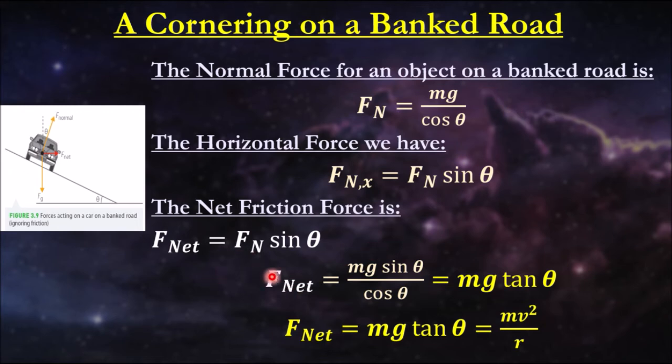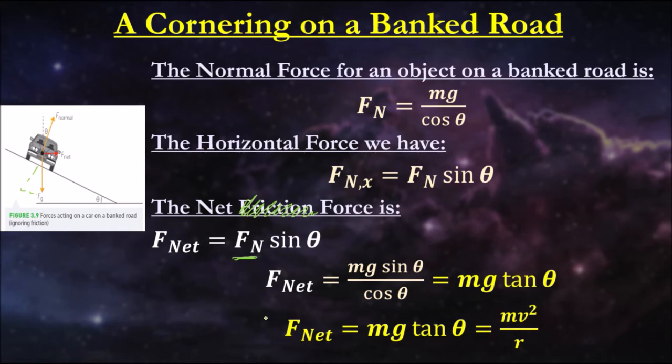Okay, so if we have our net force, we'll just rewrite that. In our scenario of ignoring friction, we can substitute the normal force for the gravitational weight force component. With this added on, you get this formula here, and we can rewrite it as mg tan theta.